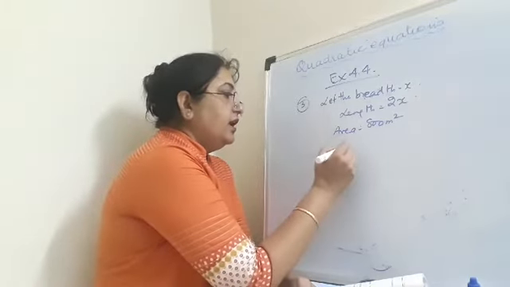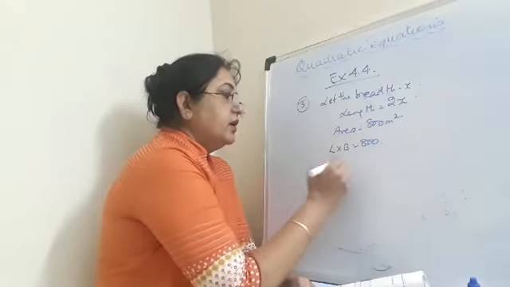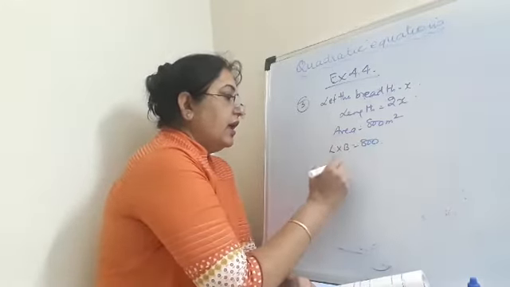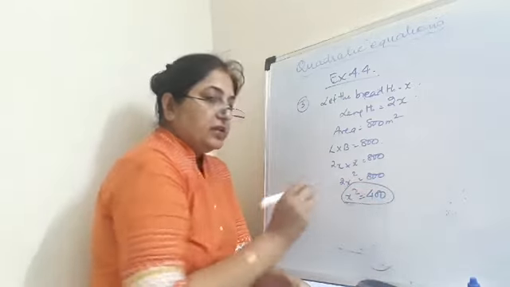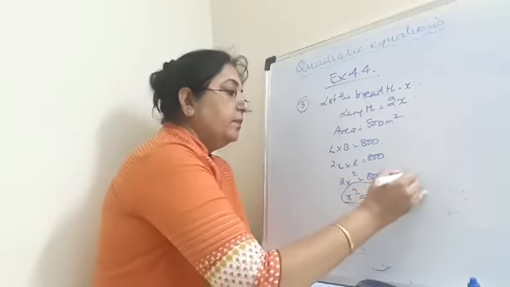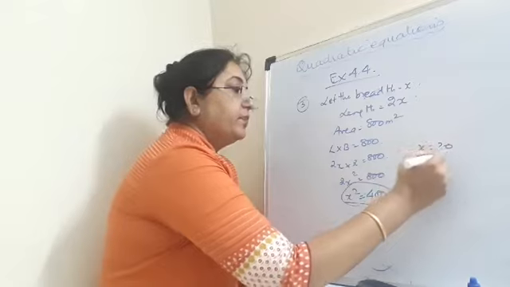So we know that L into B is equal to 800, x into 2x, 2x into x is equal to 800, 2x square is equal to 800, x square is equal to 400, right? When x square is equal to 400, it means x is equal to 20, right?